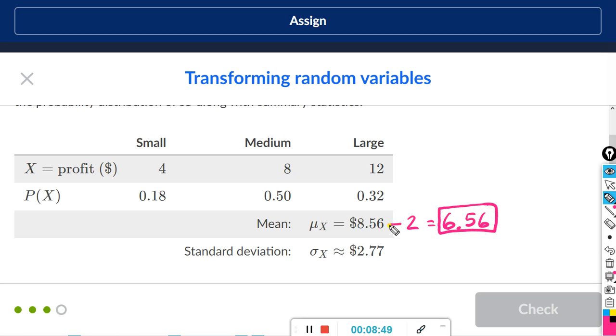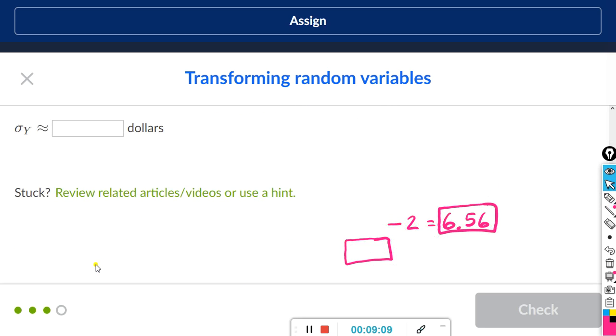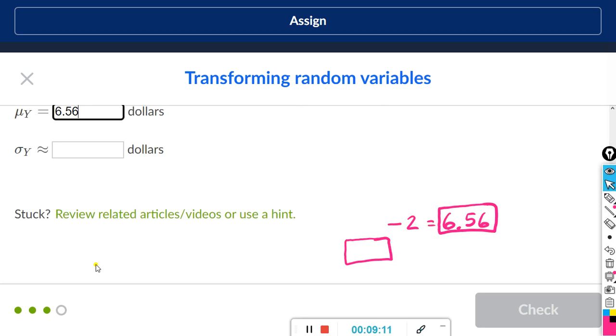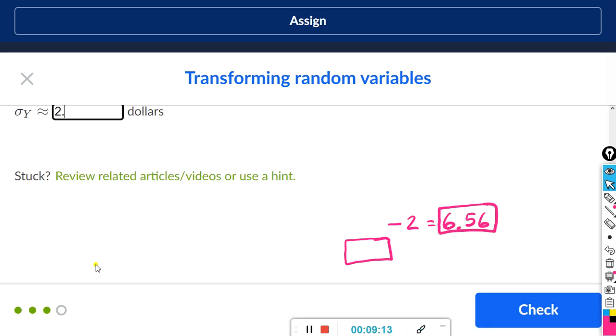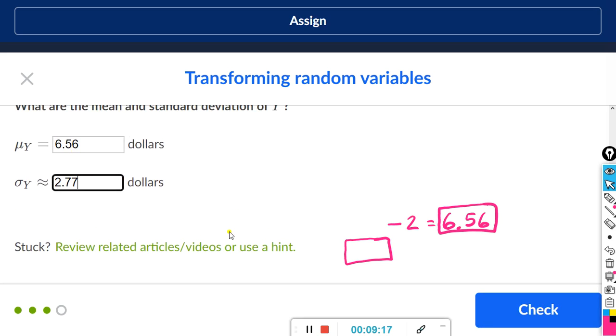Now we said apply the same formula to the standard deviation, excluding the plus minus part. So do we want to subtract 2 from the standard deviation? No, we don't. The standard deviation does not change. So that's it: 6.56, tab, 2.77.